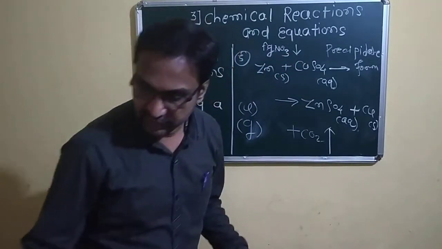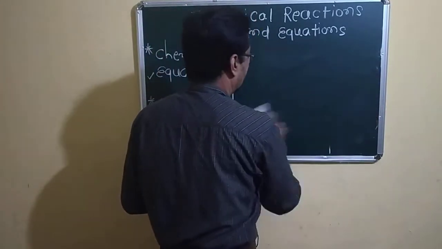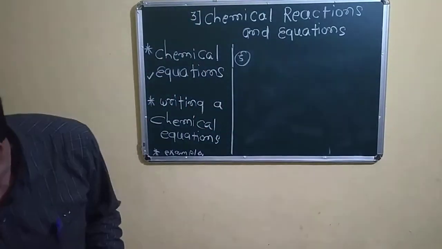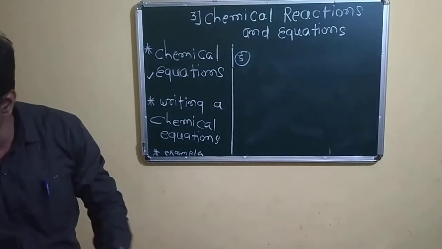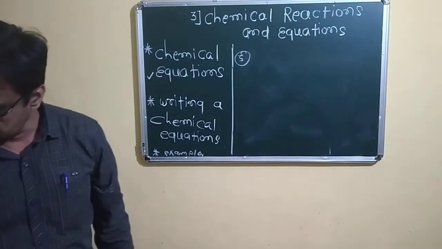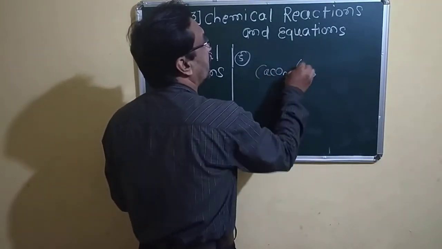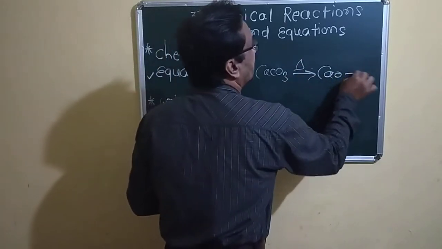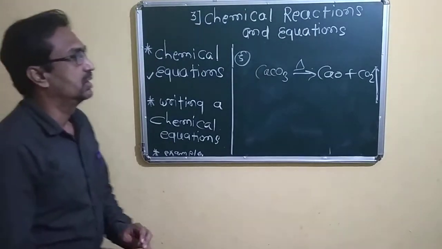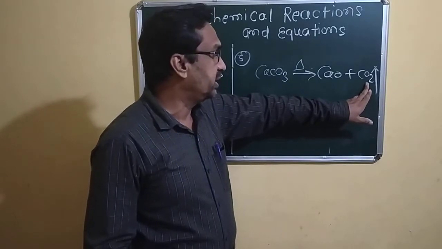For example, consider the reaction of CaCO3, calcium carbonate. On heating, what do you form? CaO plus CO2. And this upward arrow indicates the product we obtained is a gas.